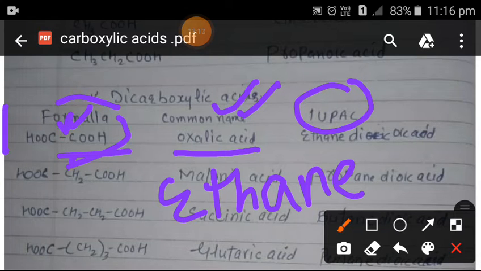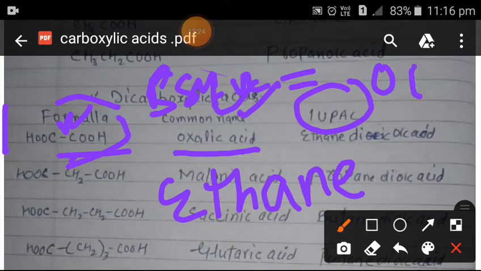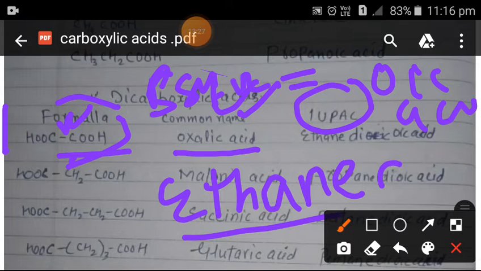Third, you will write the secondary suffix, which is oic acid. So you can accordingly write the oic acid. Sorry, one thing I forgot.